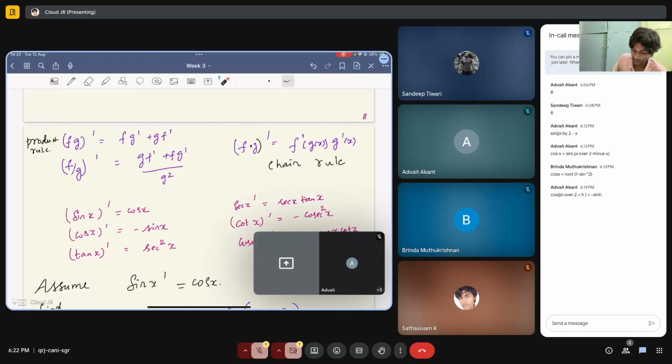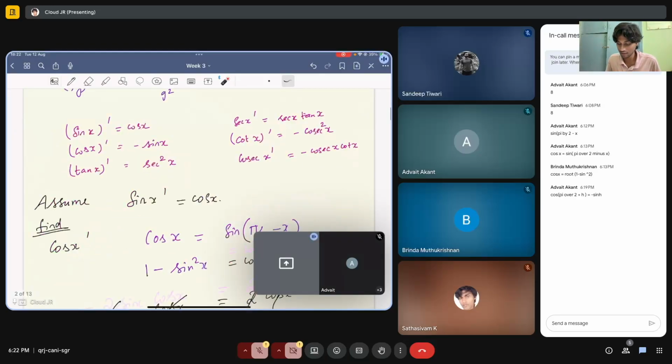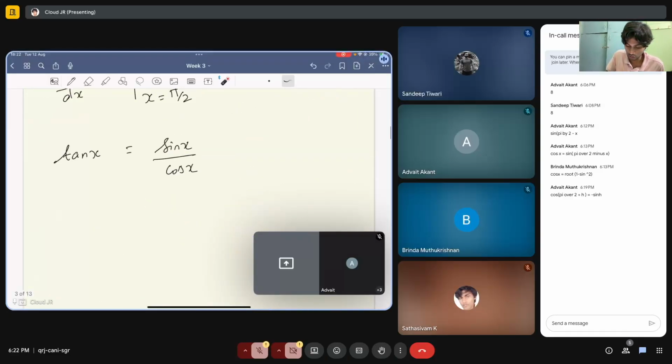Okay, and again this derivative only exists whenever this function makes sense, right? Because g of x should not be 0, otherwise the function does not make sense. Okay, and tan is not defined everywhere, right? It is only defined in particular ranges, the ranges where cos x is not 0.